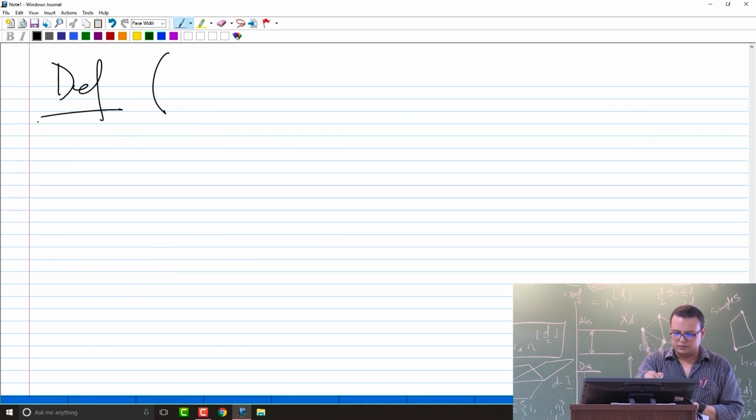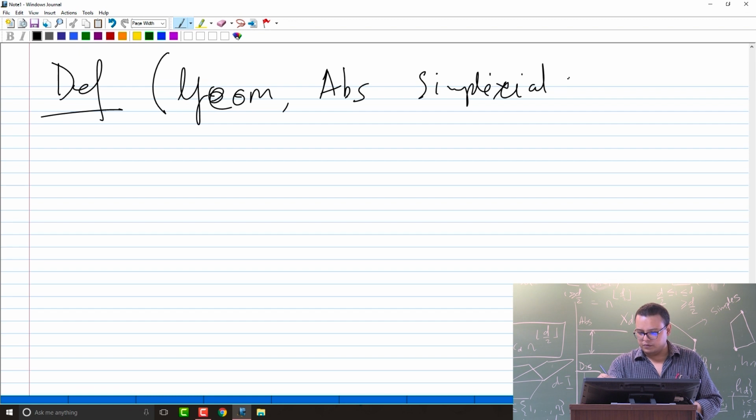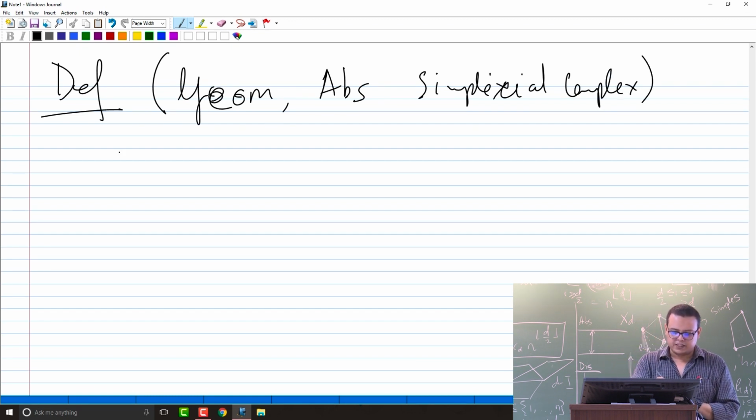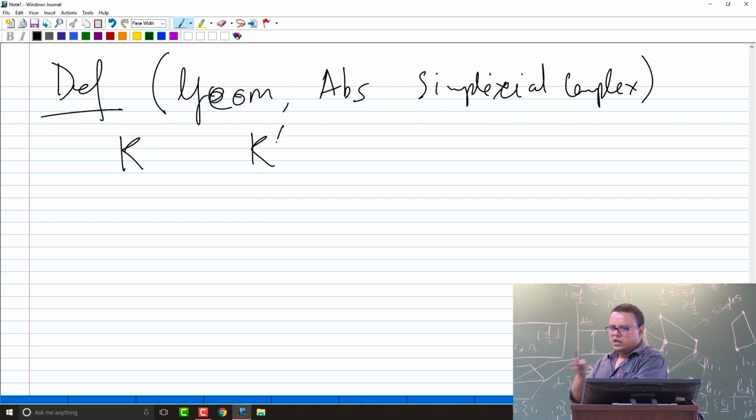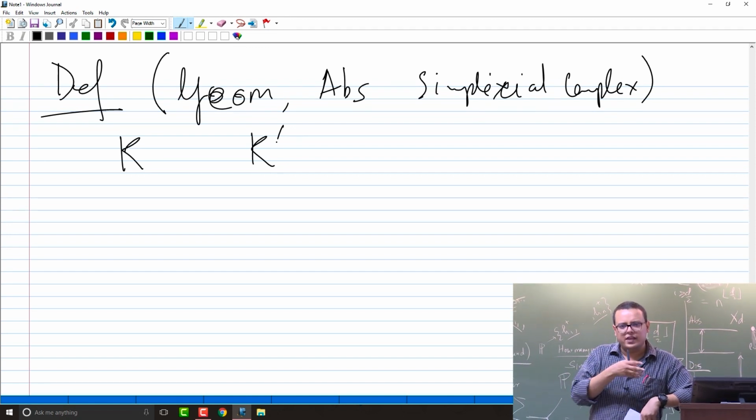Similarly, for both geometric and abstract simplicial complexes, you define what is called isomorphism. Let's say you have K and K prime, either both geometric or both abstract simplicial complexes.